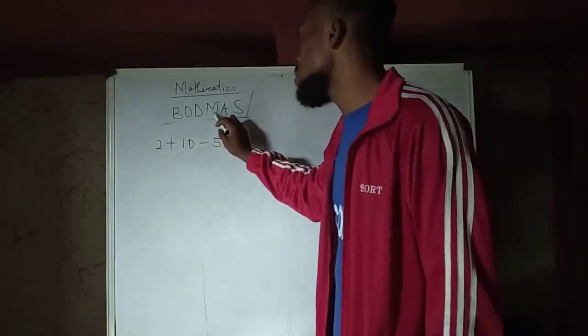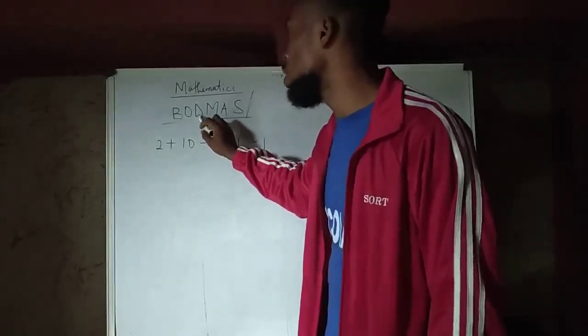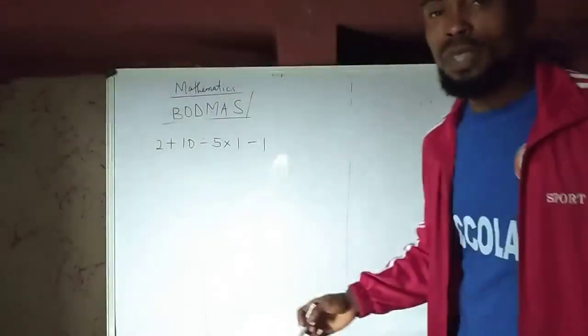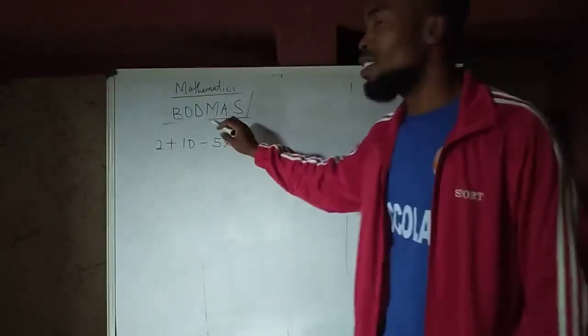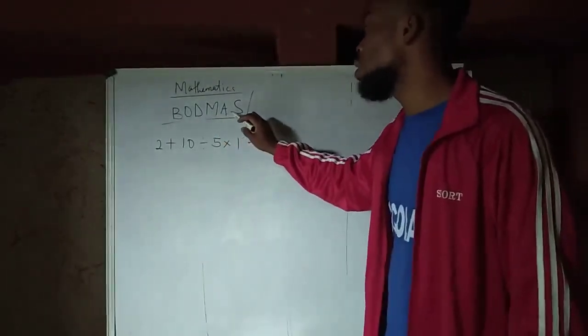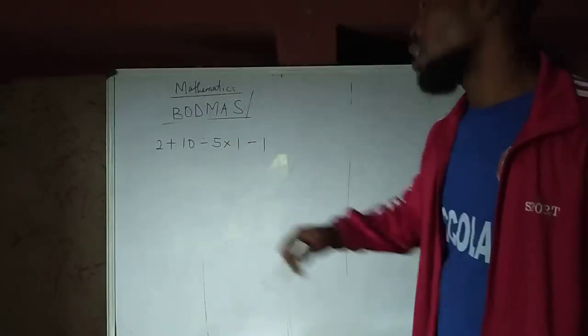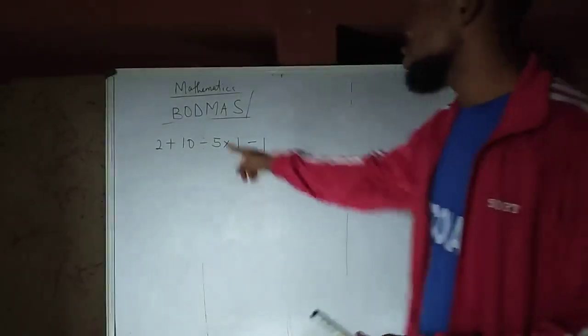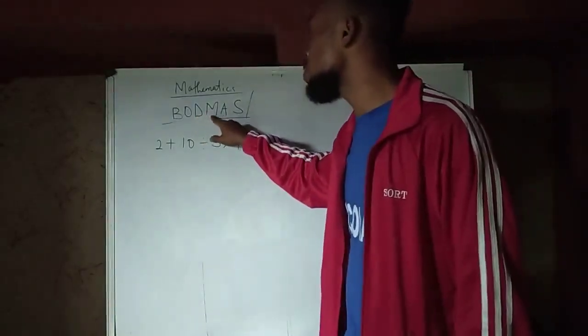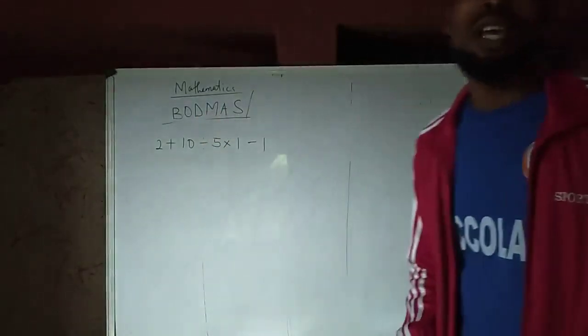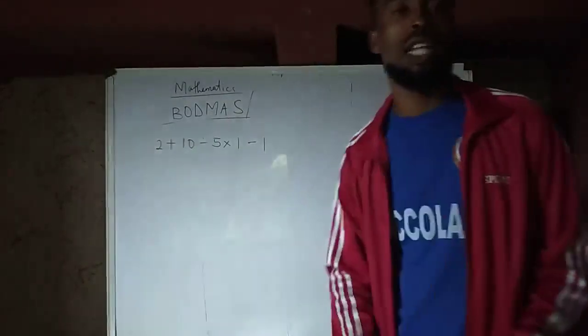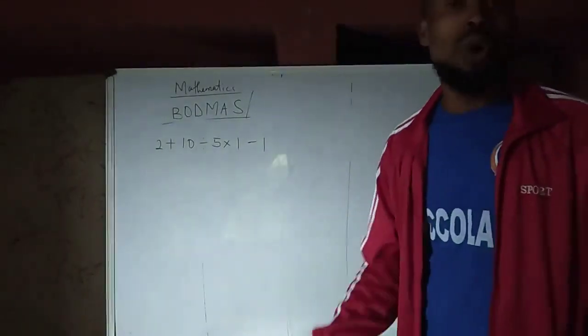We can do multiplication before division or division before multiplication. Then we can do addition before subtraction or subtraction before addition. Just take note of that. But I'm going to follow this order from division to multiplication to addition to subtraction. And that is the only way you can get the correct answer in this expression. If you do otherwise, you get something wrong.